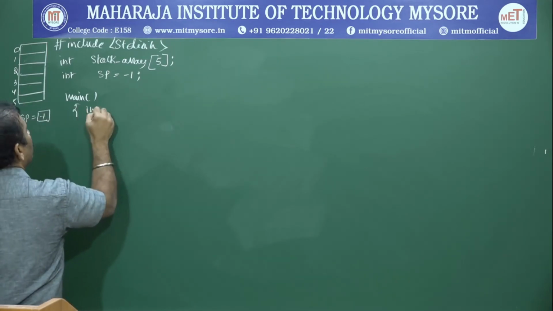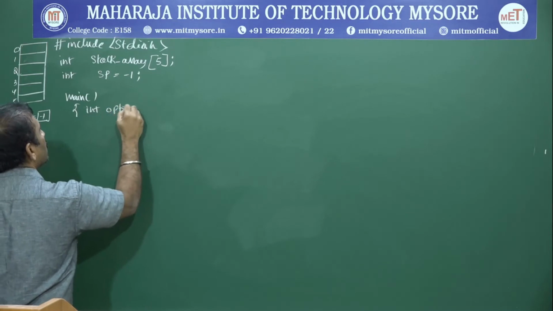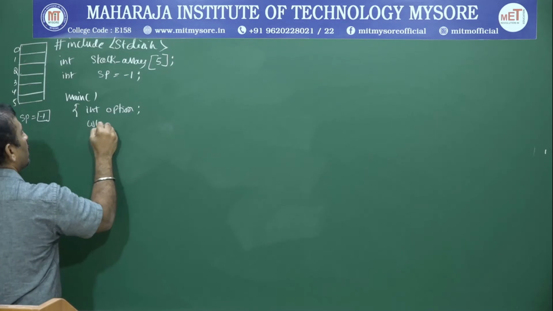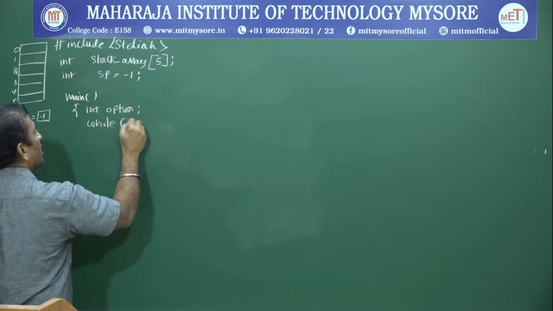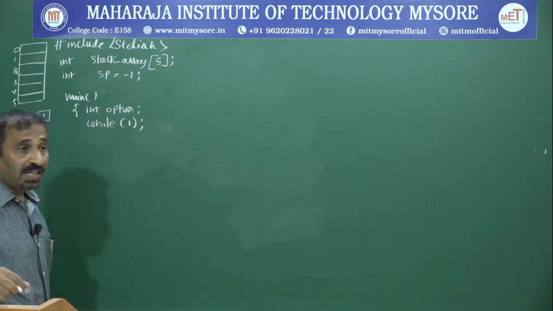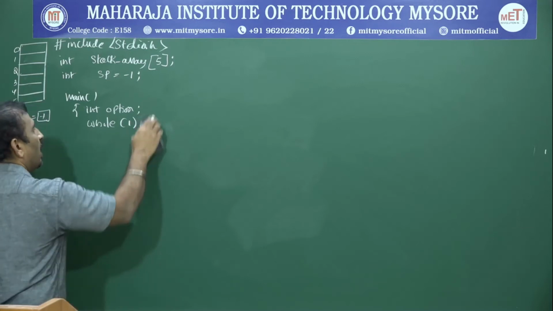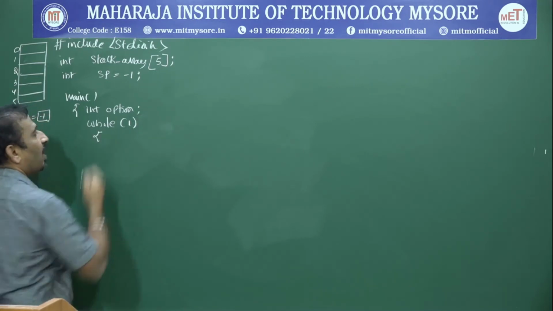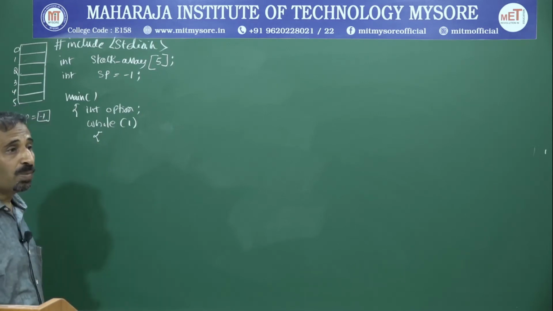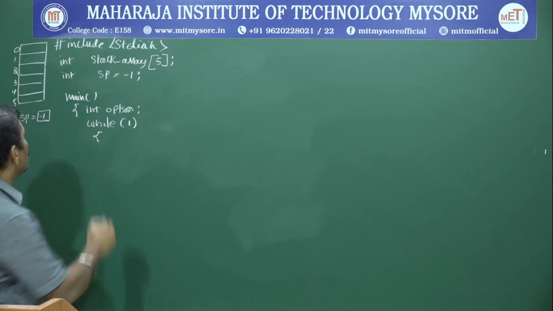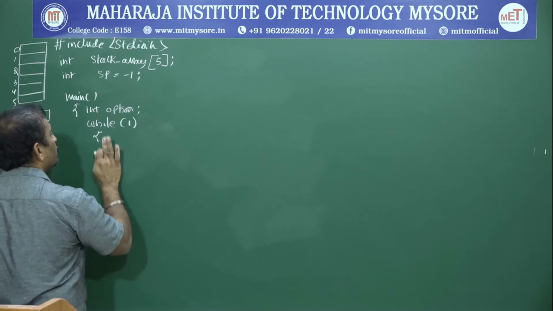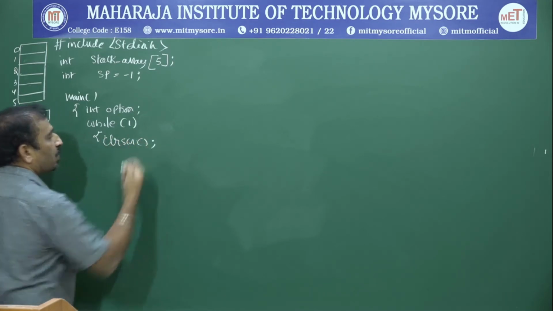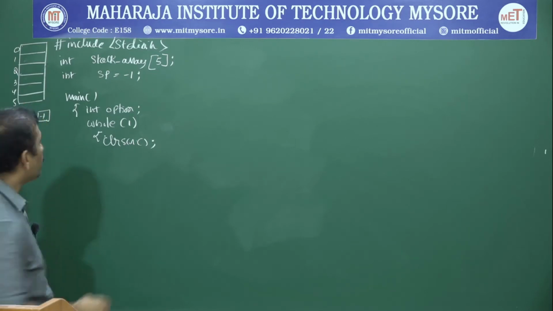I am declaring one variable called option. I am writing this function as an infinite loop. You can make out this is a while, unconditional loop, infinite loop. So I am clearing the screen each time.